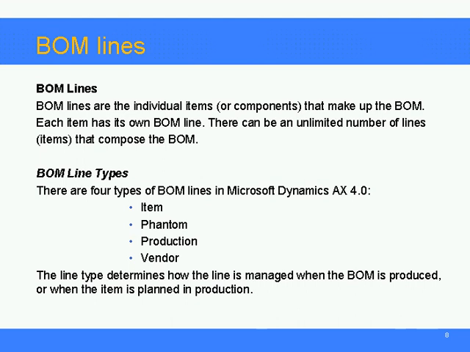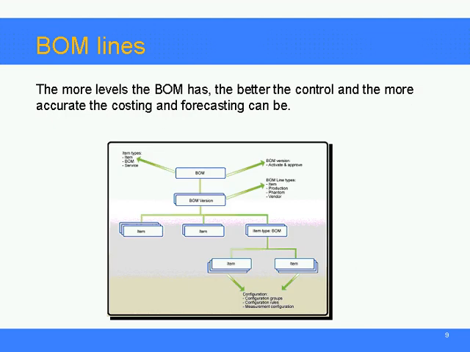The line type determines how the line is managed when the BOM is produced, or when the item is planned in production. So here you see the picture, this BOM line example. The more levels the BOM has, the better the control and the more accurate the costing and forecasting can be.